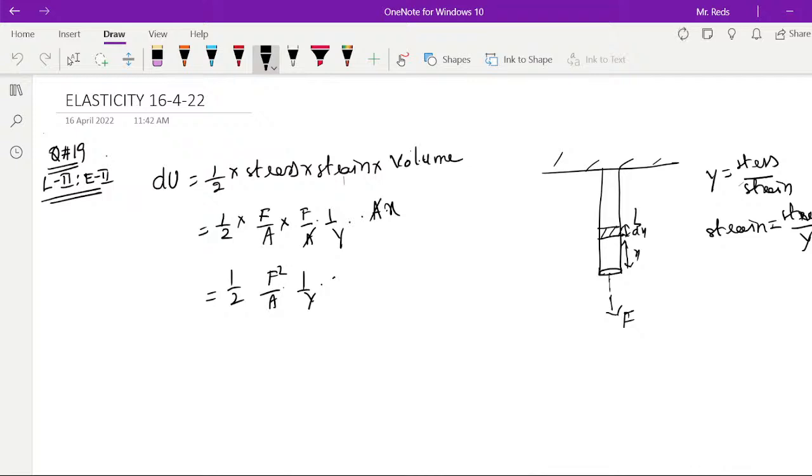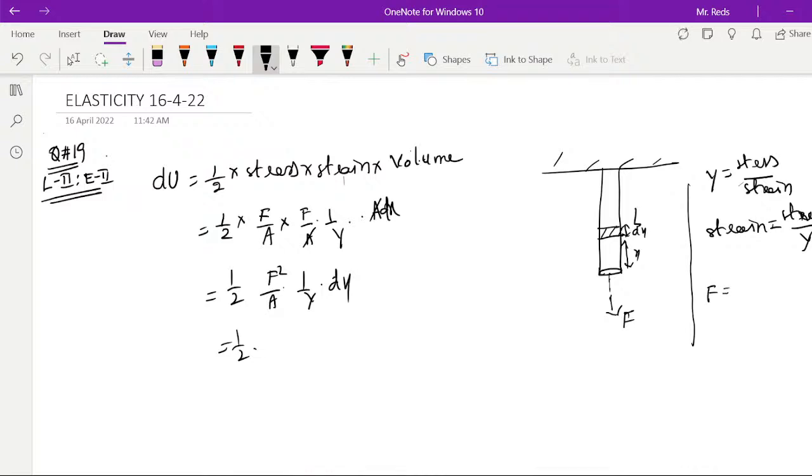So what we are doing here? Volume of the small element we have to consider. The volume of the small element will be A into dx. So now we can take this as into dx. This further you can take as half into F. You have to understand this, working out the steps a little carefully, guys.